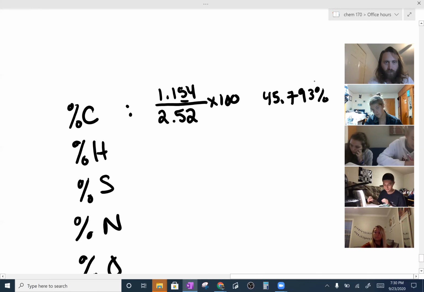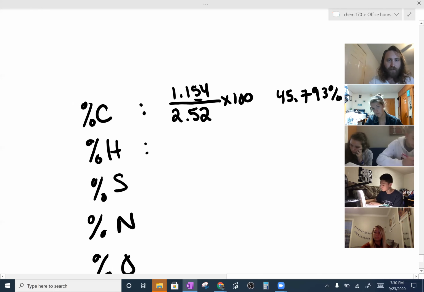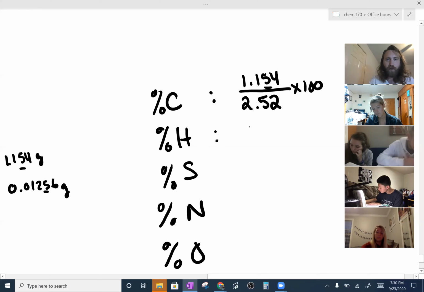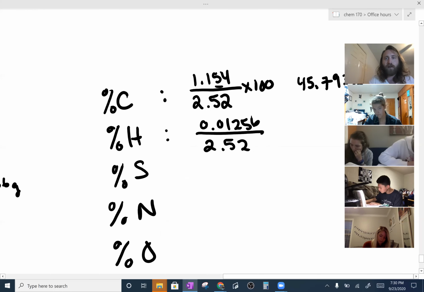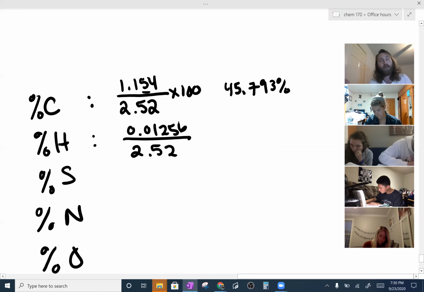And we could do the same thing with hydrogen here. So 0.01256 divided by 2.52 to get the percent of hydrogen by mass.